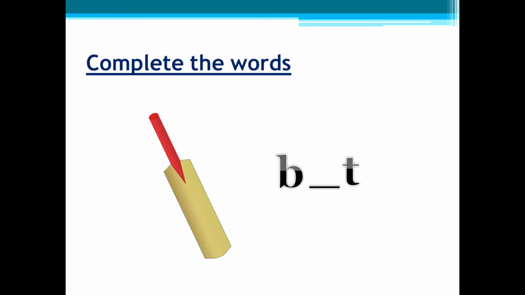Next, what is this? It is a bat. So which are the sounds? B, A, T, bat. A is missing. Okay, so A means A. Very good.